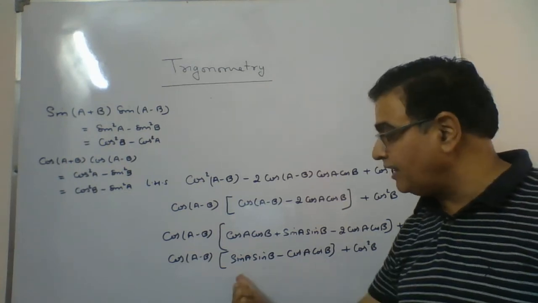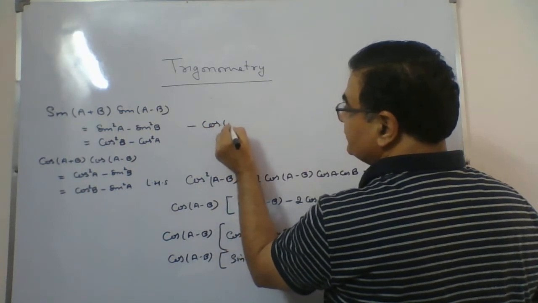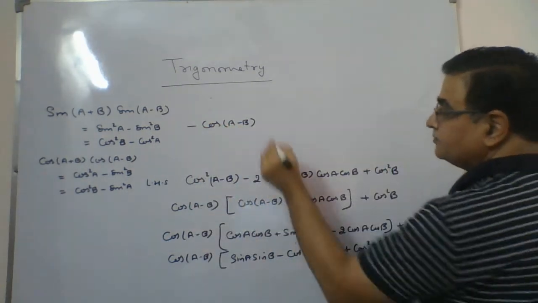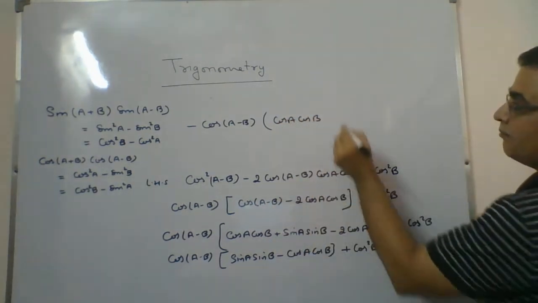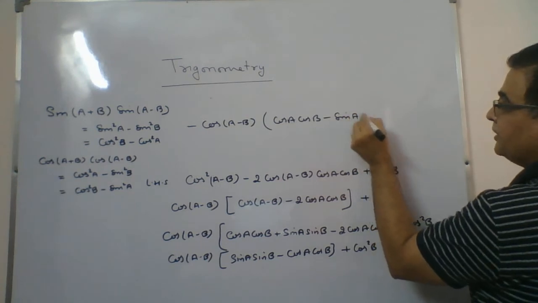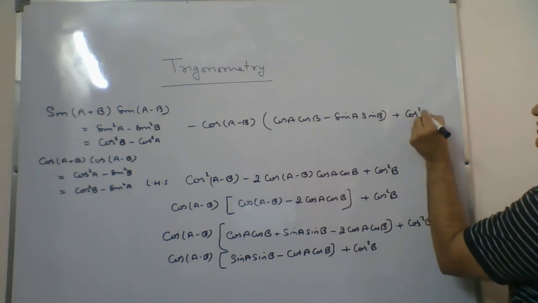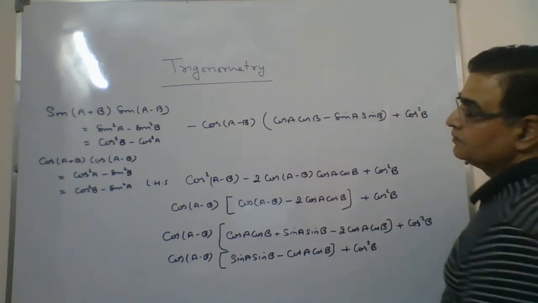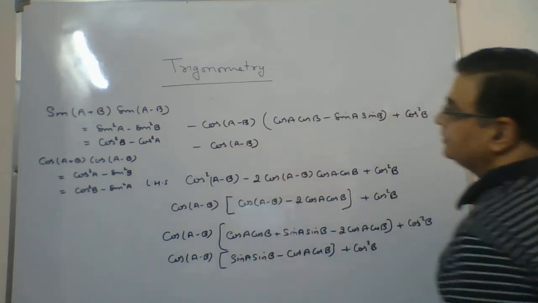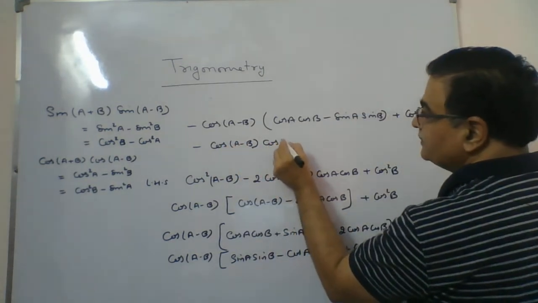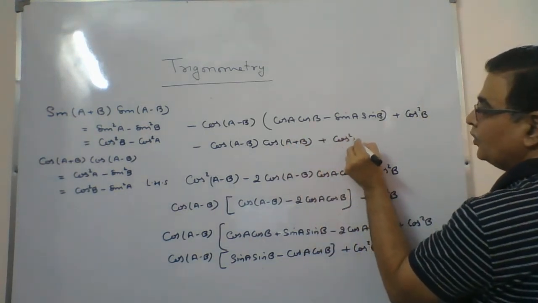So I should take minus common in these two. When I take minus common, it will come out to be −cos(A − B) times [cos A cos B − sin A sin B], and then plus cos²B. Then I'll write this as −cos(A − B) cos(A + B), and then plus cos²B.